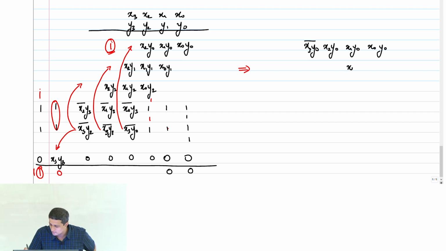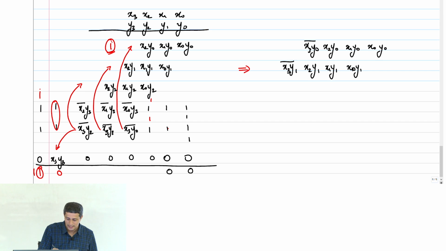Then I have x0, y1, x1, y1, x2, y1, and x3, y1 bar. That is basically the term that we got, x3, y1 bar here. I am just rewriting that same addition there. Then, what's my third term?